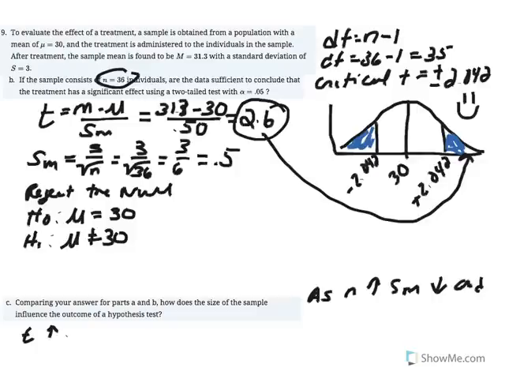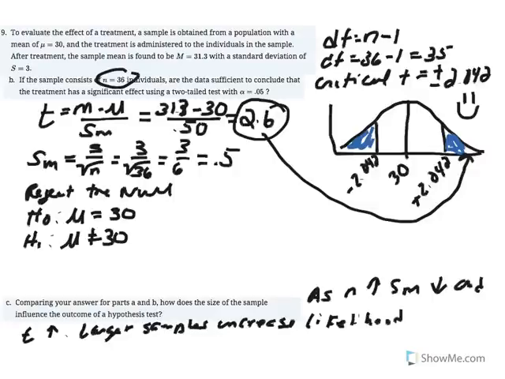And when our t increases, our sample values are pushed further out into the tails, enabling us to reject the null. So larger samples increase the likelihood or probability of rejecting the null.